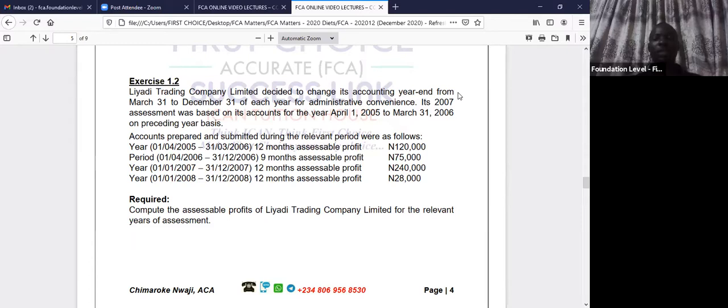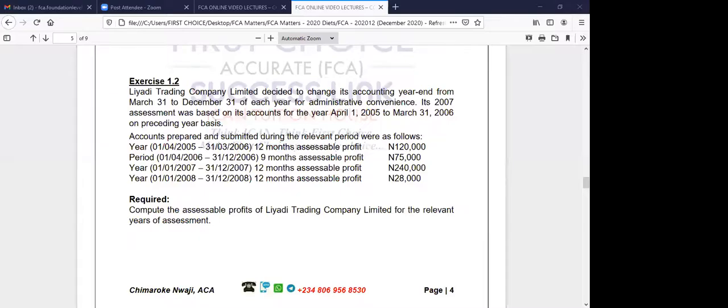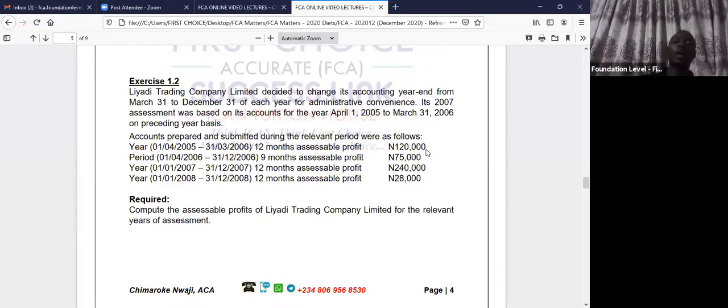Now the third year is the preceding year basis ending on the company's choosing accounting date.